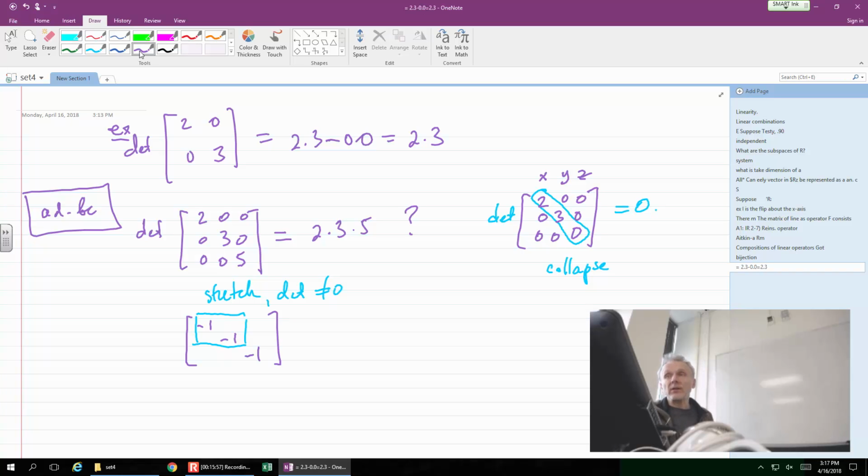It is not a flip. It is a rotation around the origin, which means rotation does not reverse the orientation. So if you have a circle going clockwise, it will still go clockwise. But if you have only one negative 1, it is a flip. It is a flip this way, and it reverses the orientation from clockwise to counterclockwise.